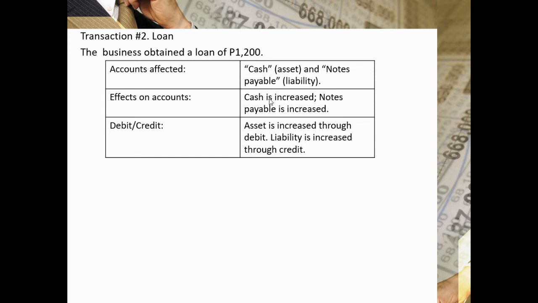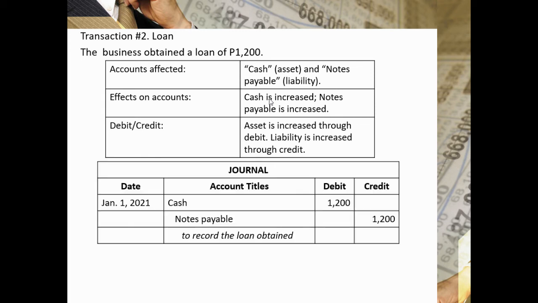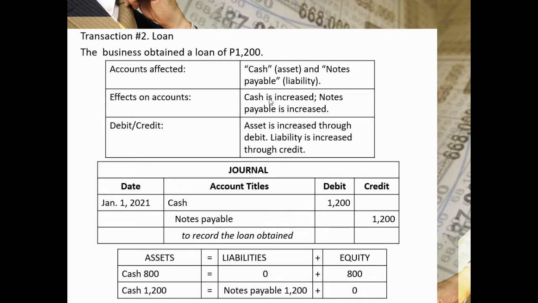So what will be the journal entry? Of course, cash is debited amounting to 1,200 and notes payable will also be credited because it's an increase in the liability section.